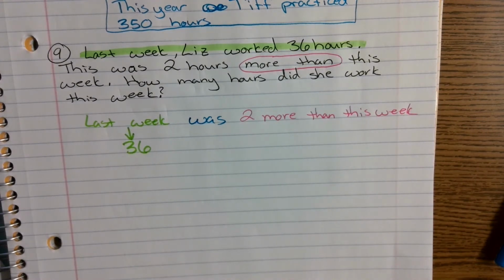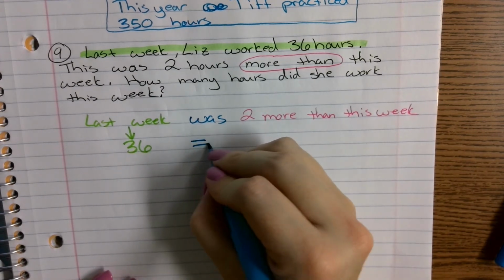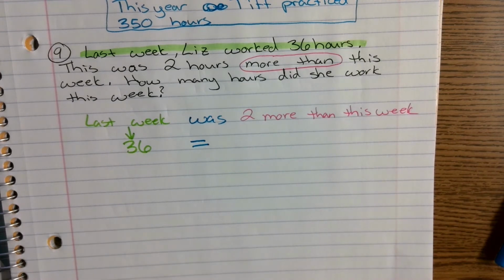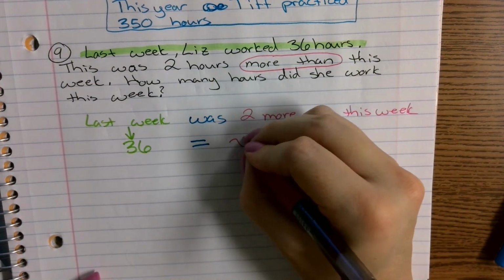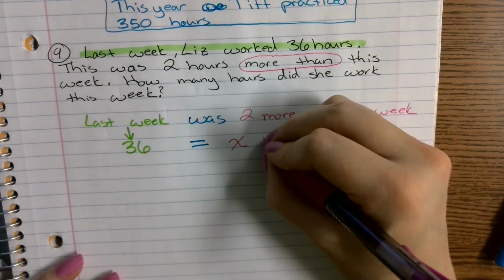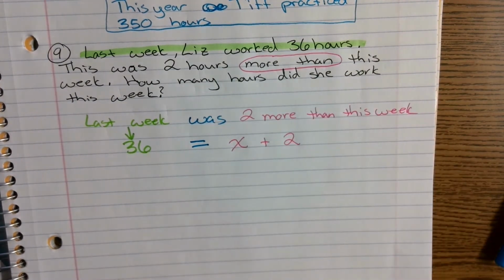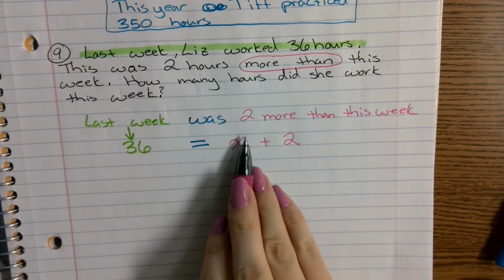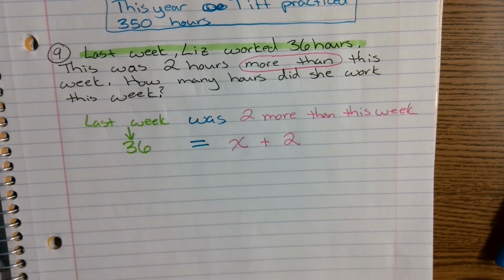Remember, the term "was" is our equal sign. And then "2 more than this week" means take this week's amount and add 2 to it. That's what 2 more than this week means. So what operation is my inverse?